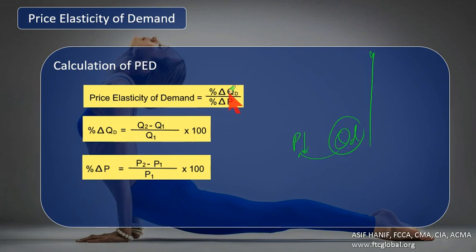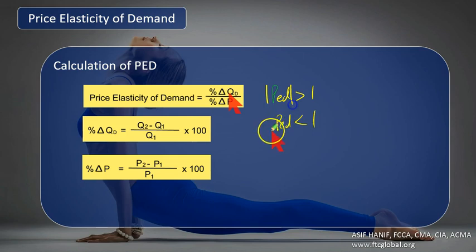You will have a possible 5 different types of results. Price elasticity of demand will either be greater than 1, less than 1, ignoring the sign. Mind it, I'm talking about absolute numbers, ignoring the negative or positive. It will either be greater than 1, ignoring the sign completely, or it would be equal to 1, it will be 0, or it will be infinity.